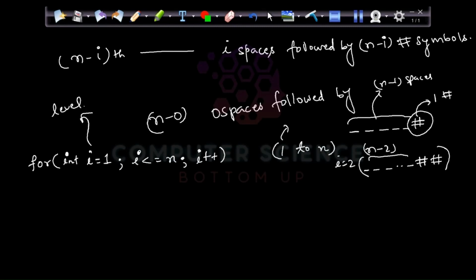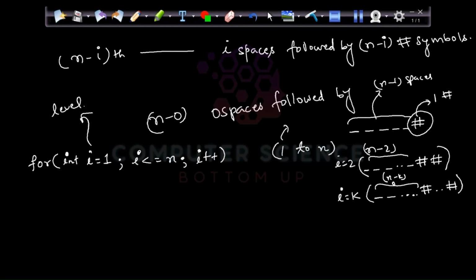Similarly, when i will be equal to k, there will be n minus k spaces followed by k hash.